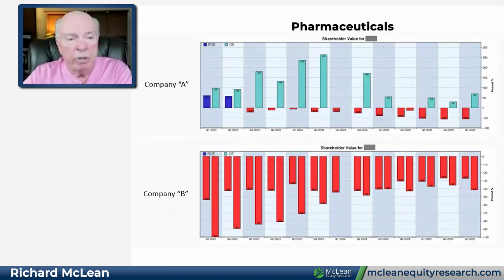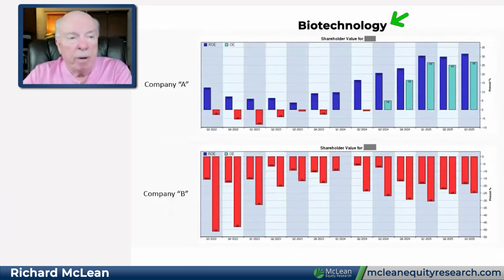There's no cash flow from its core business. It's hard to justify why anyone would own company B. Both are in the same industry, both priced very close to one another relative to the S&P. Very surprising, but the inside look on the cash flow statement is a completely different story.